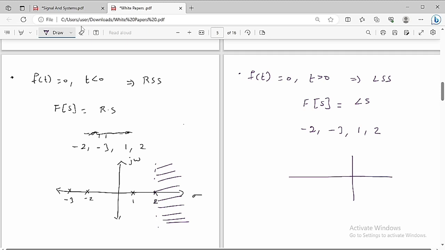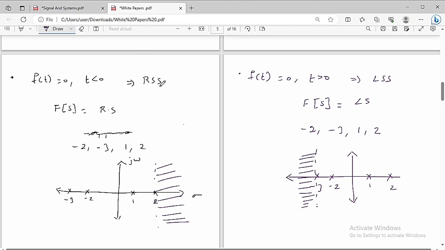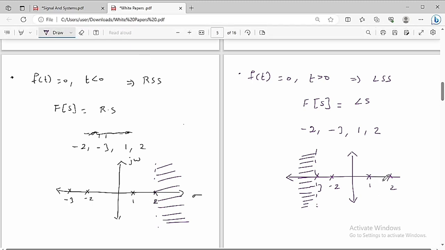Then where is the ROC going to be? Do the same thing here: minus 2, minus 3, 1 and 2. If you try to find the ROC, it will be in this fashion. So the ROC is left-sided and it starts from the leftmost pole, whereas before it started from the rightmost pole.